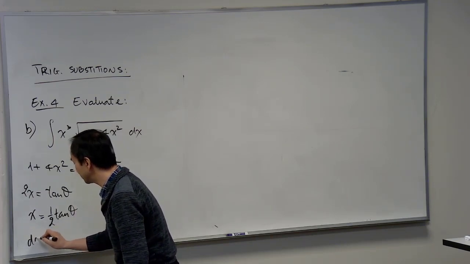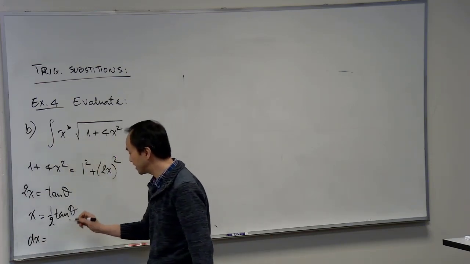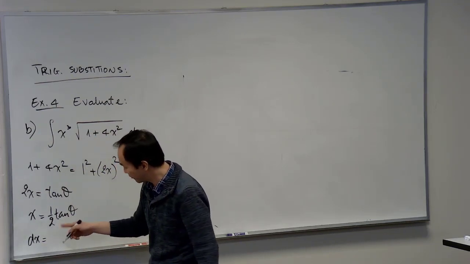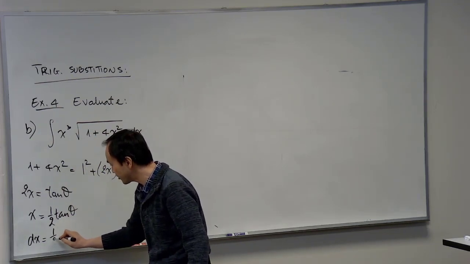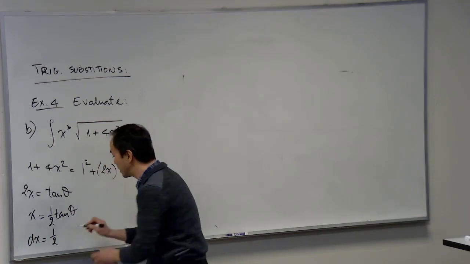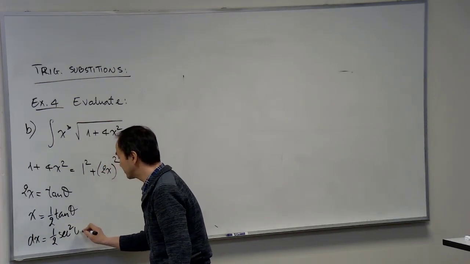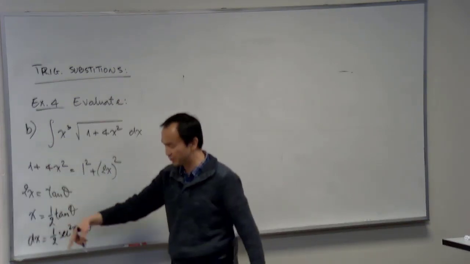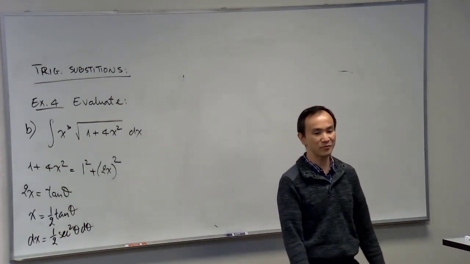So dx will equal 1/2 times secant squared theta d theta. That's after I took the derivative and rearranged the differentials.